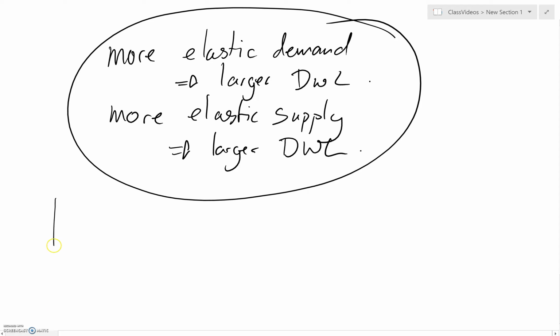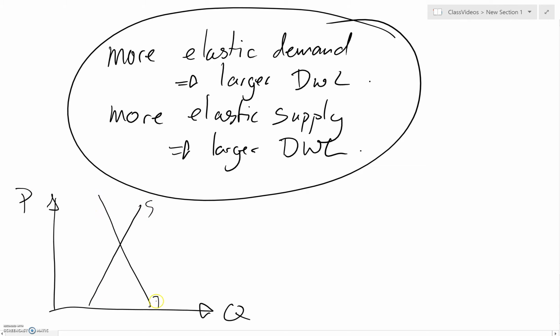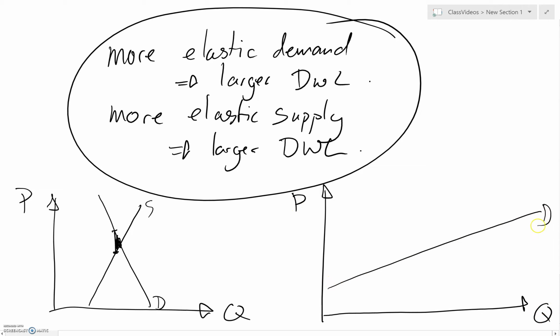If we have a market with very inelastic demand and supply, then the deadweight loss is going to be small, right? That's this area in here. Whereas if we have a market with very elastic demand and supply, then the deadweight loss is going to be larger.